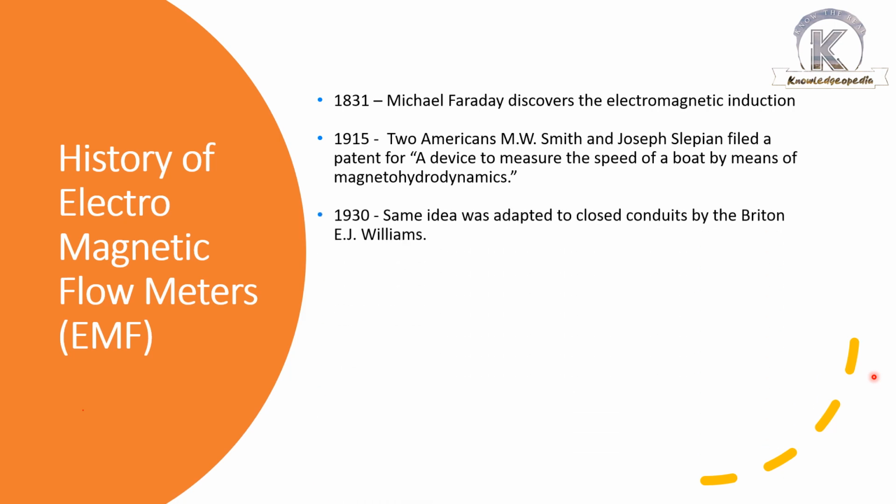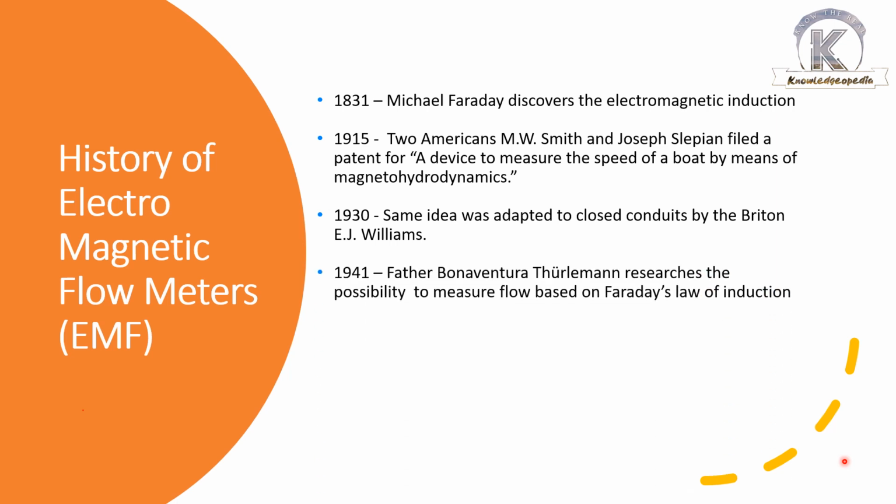In 1930, the same idea was adopted for closed conduits by Britain's E.J. Williams, a British scientist. And in 1941, Father von Vera Truman researched the possibility of measuring flow based on Faraday's law of induction.